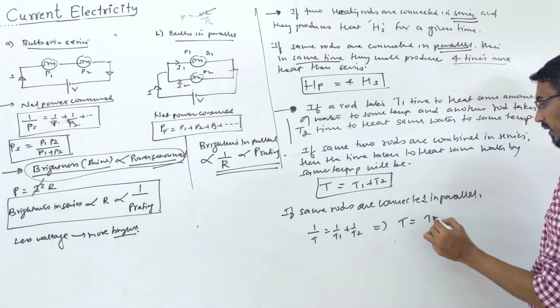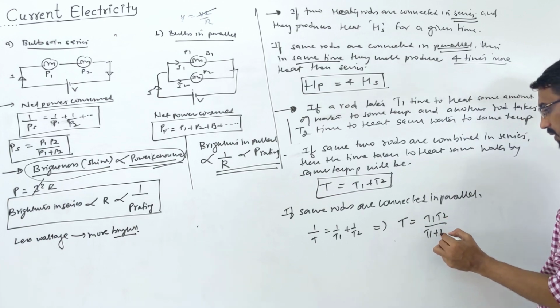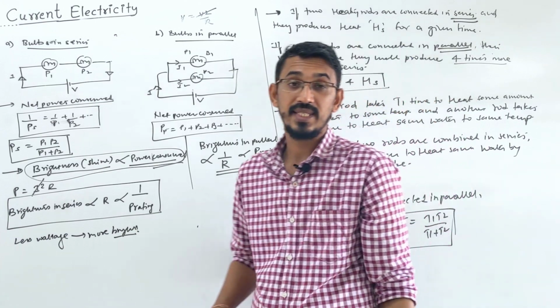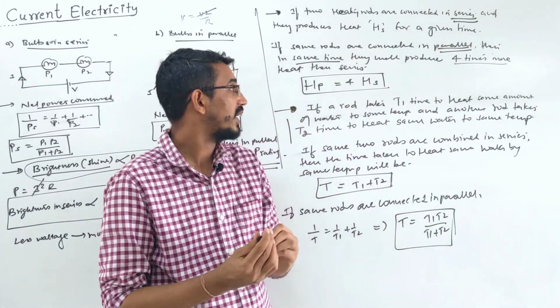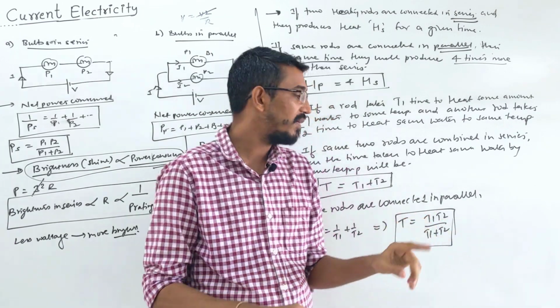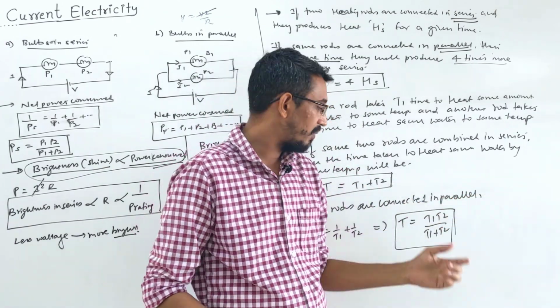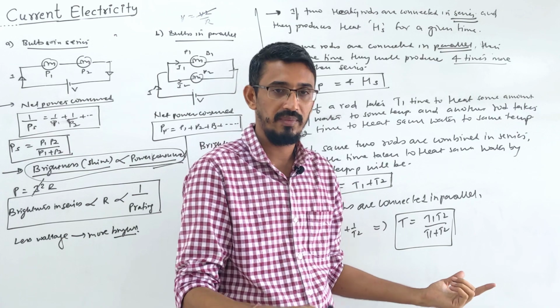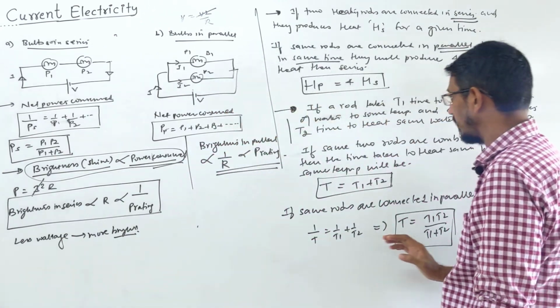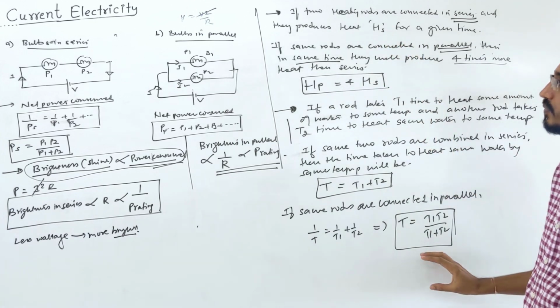The time will be T1 T2 upon T1 plus T2. Here the time will be reduced. Like one rod takes 10 minutes, the other takes 15 minutes individually. If you connect in series, they will take 25 minutes. But in parallel it will be less than even 10 minutes. So parallel will be a good method. These are some shortcuts which will help you. Hope you understood them.